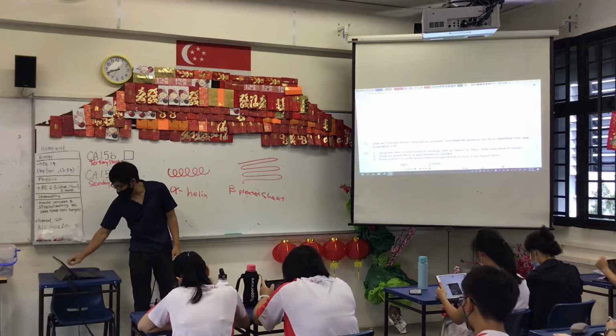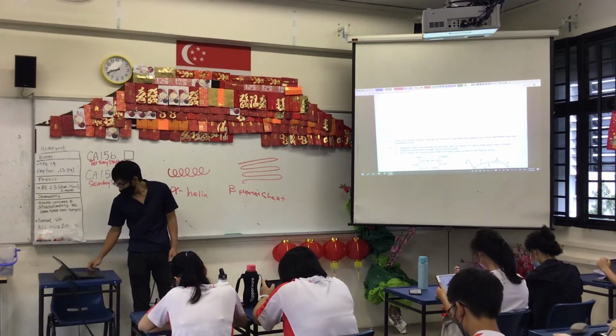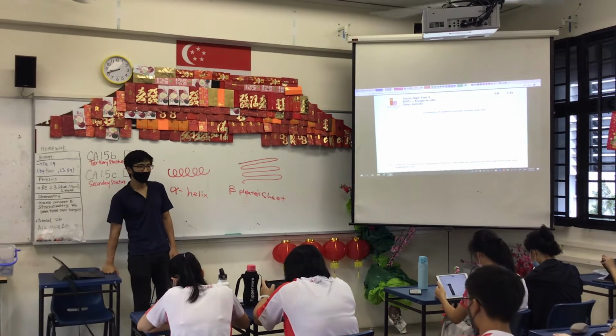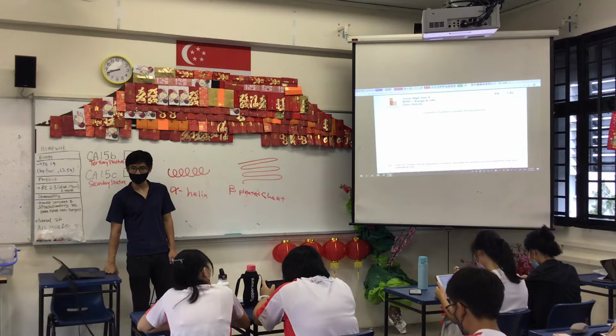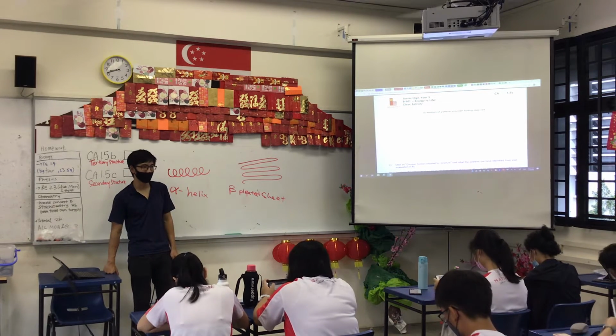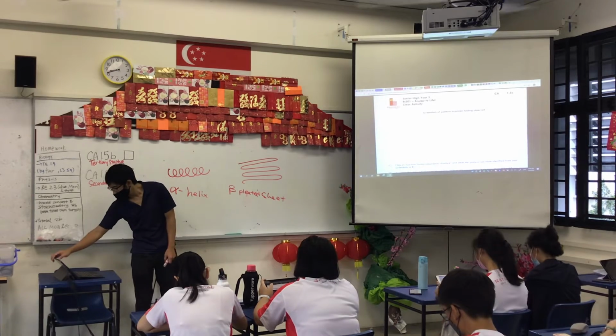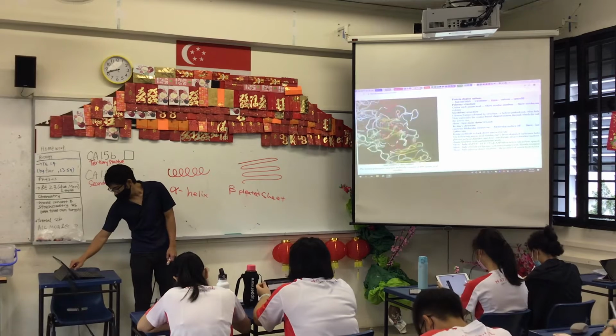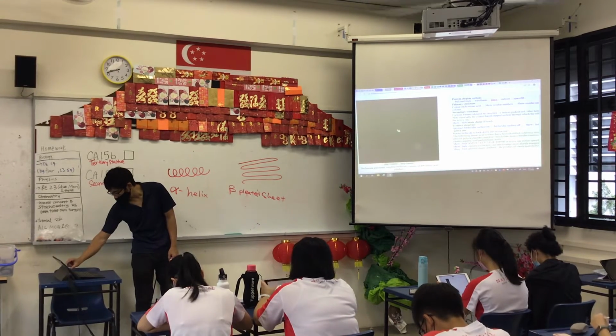So may I invite you now? Go back to your screenshots and can you label all the alpha helix patterns that you see and all the beta pleated sheet patterns that you can see. You can use this particular model to help you find all the patterns.